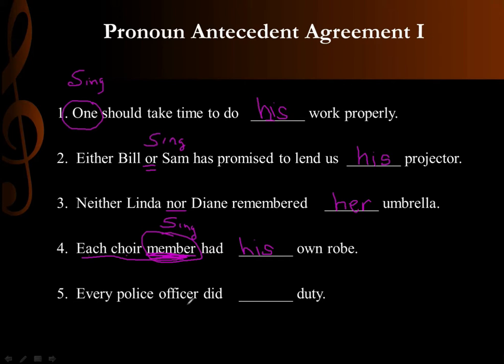Every police officer sounds like you're talking about all of them, but you have to look only at the antecedent and decide what that one word is, and it is singular. Therefore, you are going to have a singular pronoun. Every police officer did his duty.